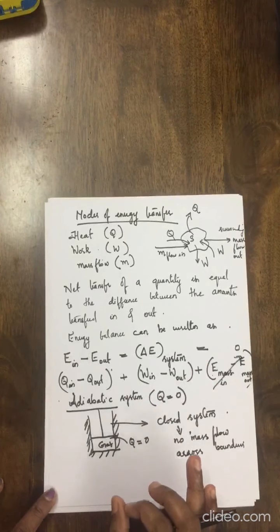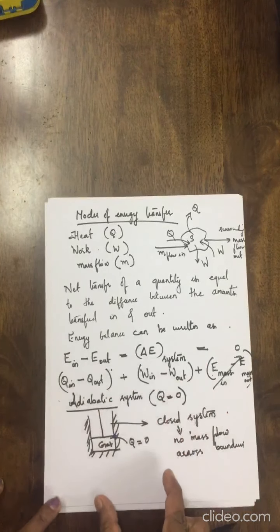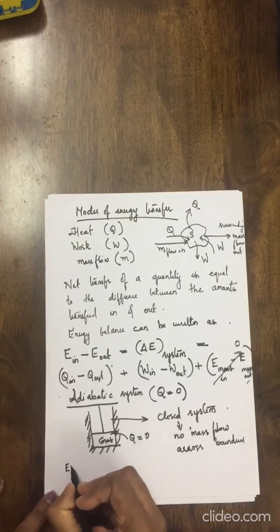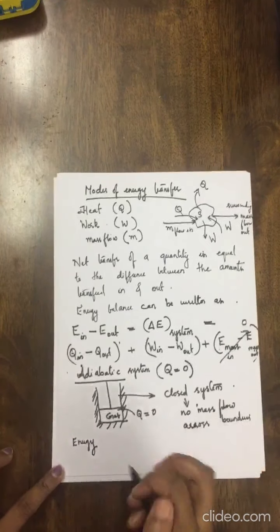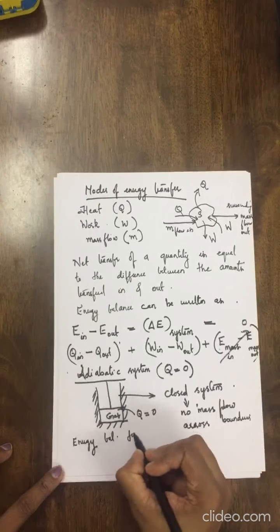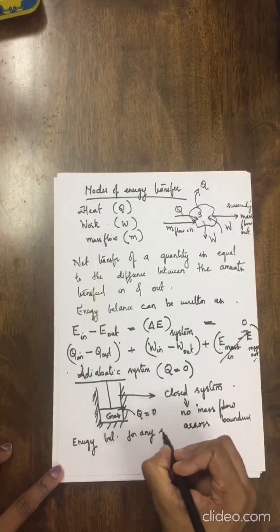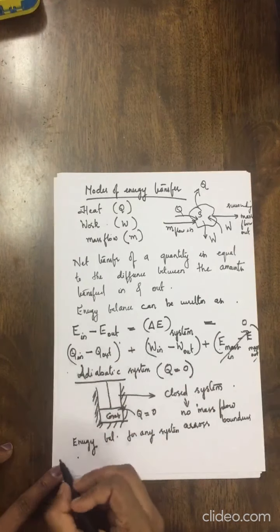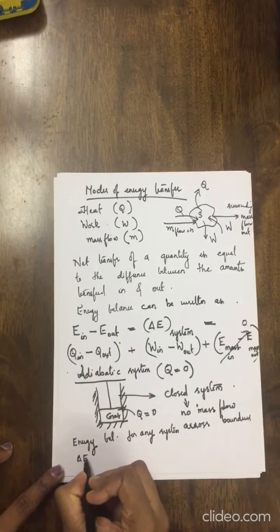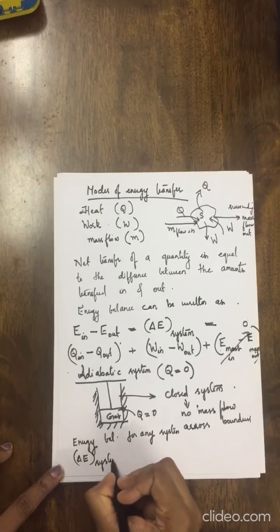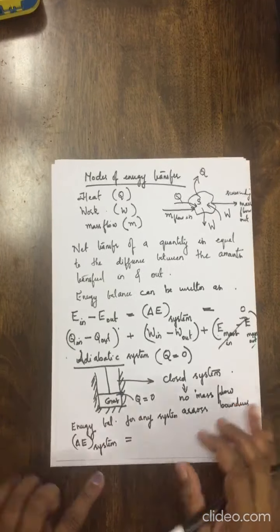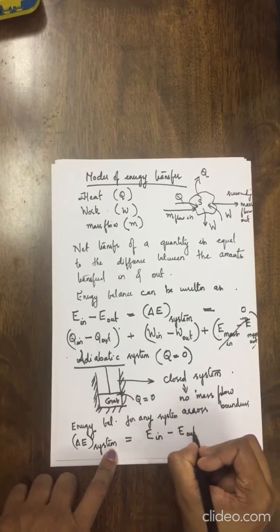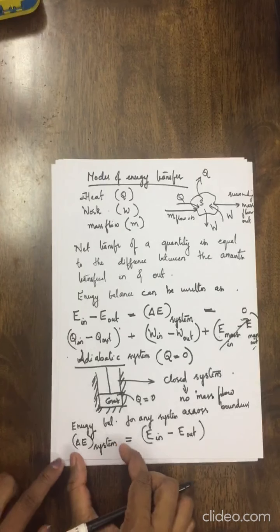So how can we simplify the energy balance equation for any system? Energy balance for any system can be simplified as del E of system is equal to E in minus E out. What is the change in energy of the system?